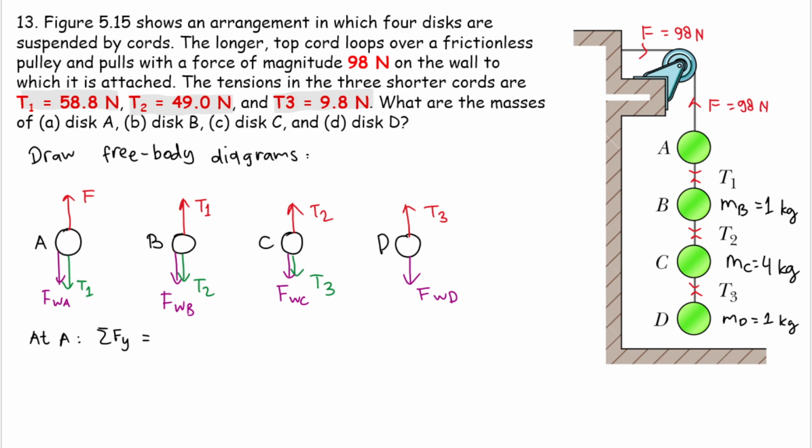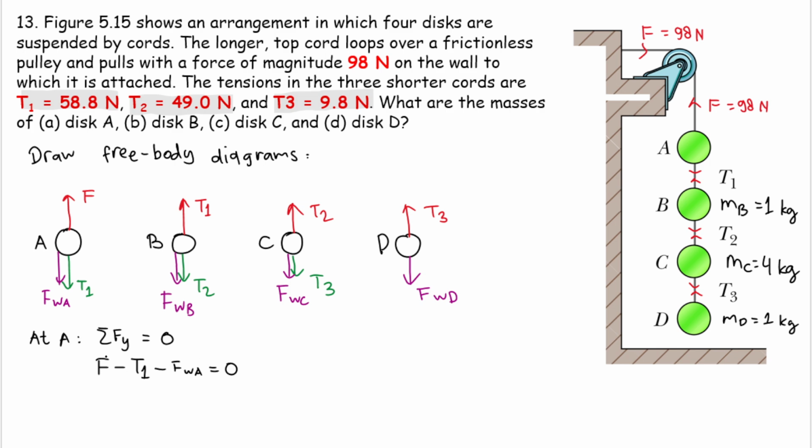And here, our F is pulling this up, so I will have F, and then minus this T1 pulling down. It's also pulled down by the weight of A, so I will have F weight of A, and all of that will equal 0.